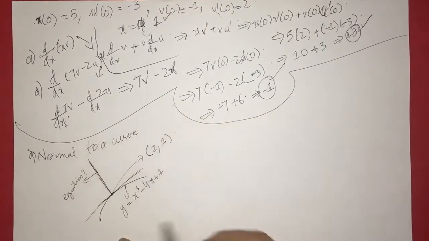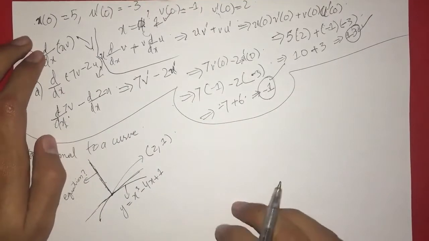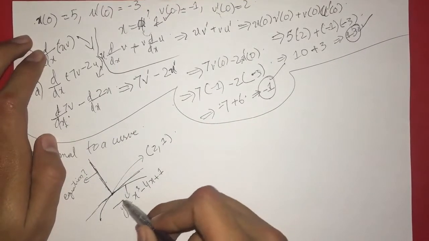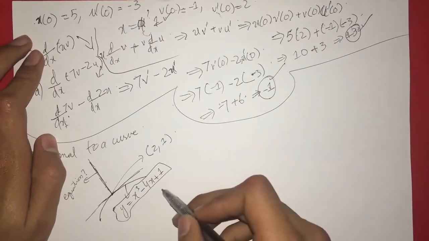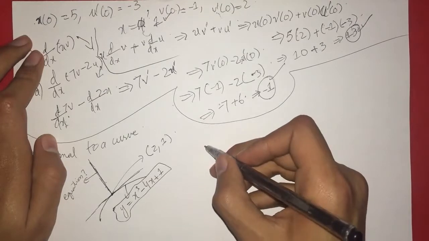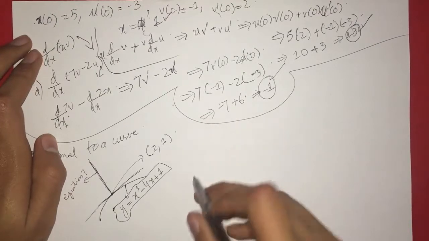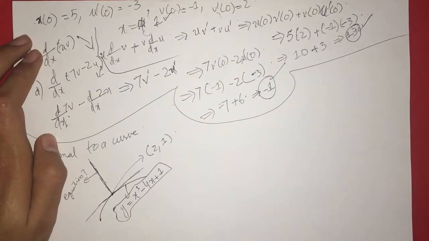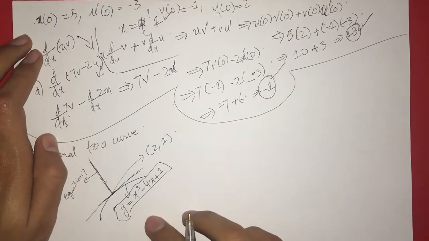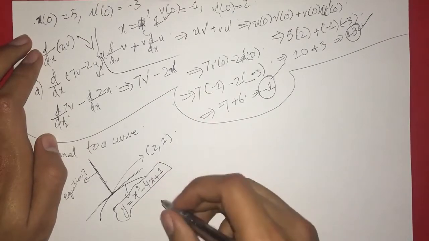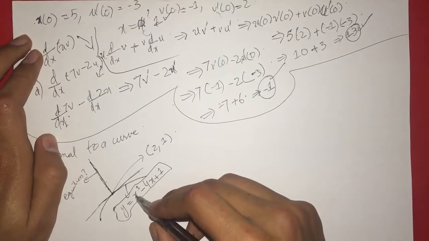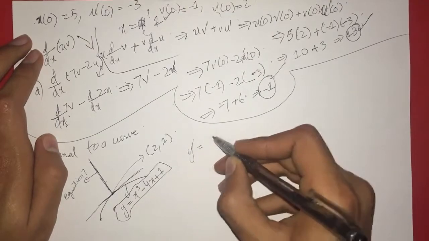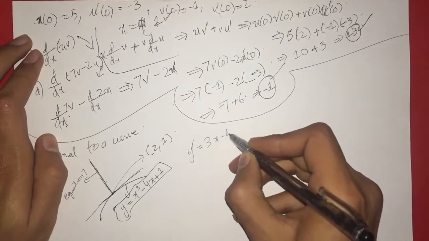So here what we are going to do is first find the derivative of this equation. Finding the derivative means finding the slope, or the tangent, of this curve. So y dash is equal to 3x minus 4.